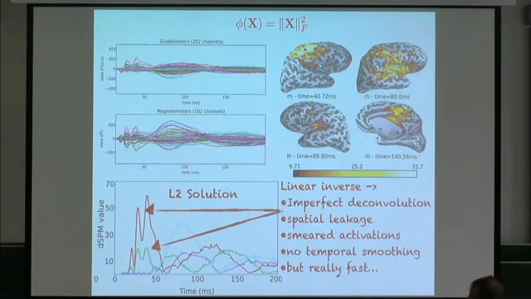I say it's leaked because the correlation between these two time series is pretty much close to 1, even though the sources are quite far apart. So what it means is if you just use this squared L2 norm for your regularization, you have a really imperfect and crude deconvolution. You still have a lot of mixing and crosstalk between your sources and your estimates. And you also have this blurred estimate that you see in yellow, so you have a spatial resolution which is not great.